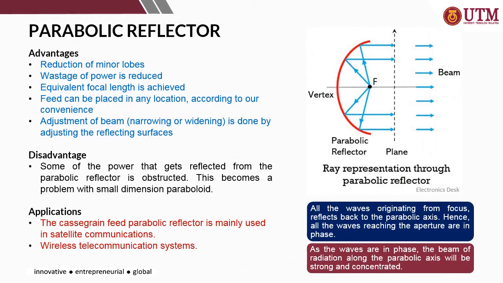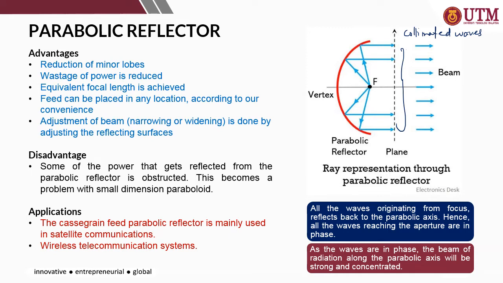We are going to focus on the common type of reflector, which is the parabolic reflector. So as mentioned earlier, all the waves originating from the feed, from the antenna, will be reflected back, and the waves are in phase, the collimated waves.